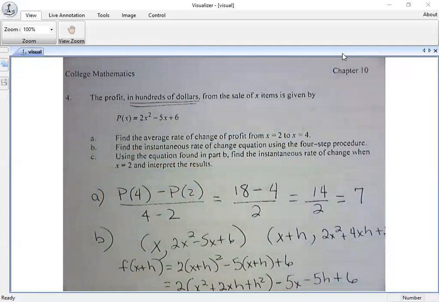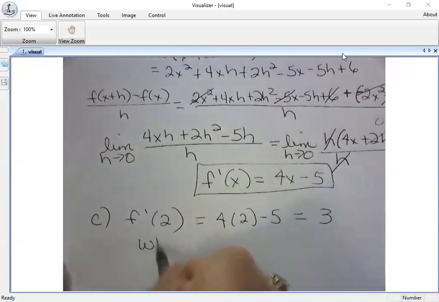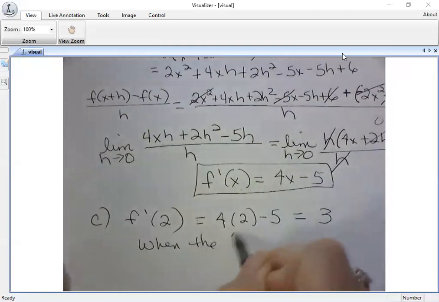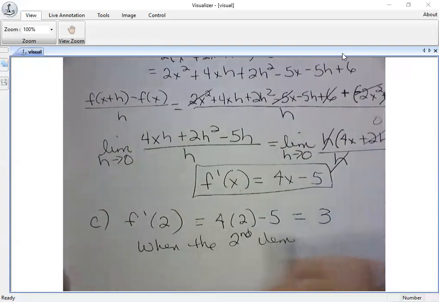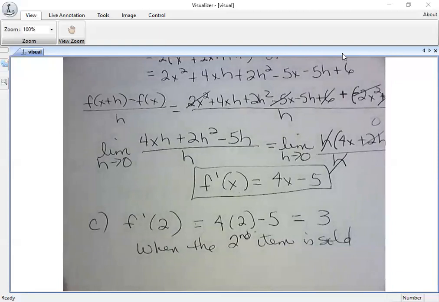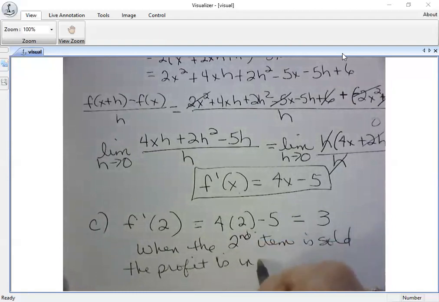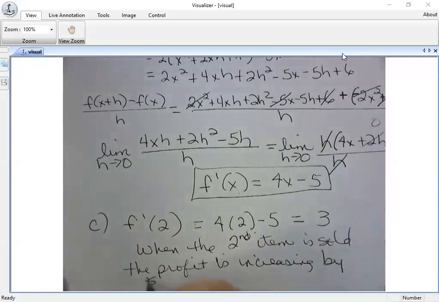Now, what is that actually telling me? Here's what it means. When the second item is sold, because what I'm finding is at the instant I sell the second item, the profit is increasing by $300.